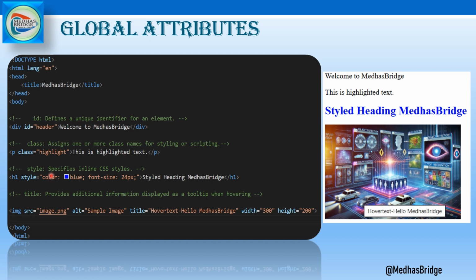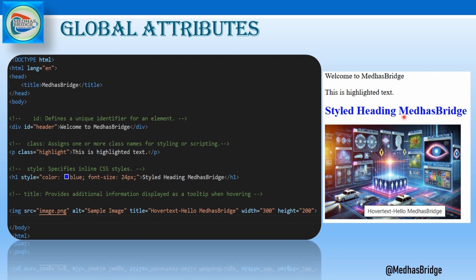Okay, so let's look at this one. For instance, h1 with style: you define style. What is style? Color equal to blue, font size 24, for this text, styled heading MyThesBridge. So what we are doing is defining additional information to h1 so that it renders according to this property.